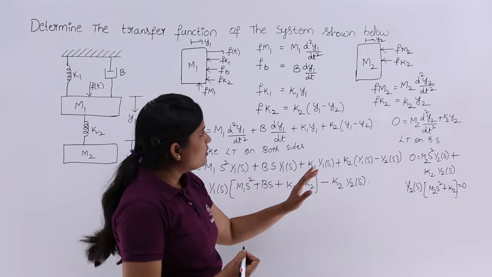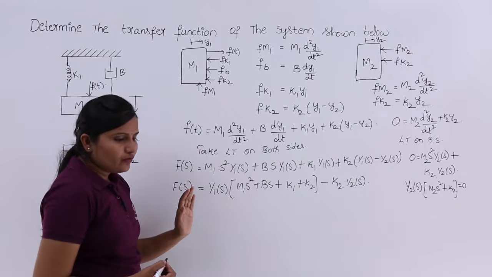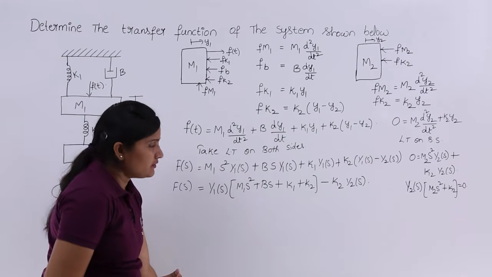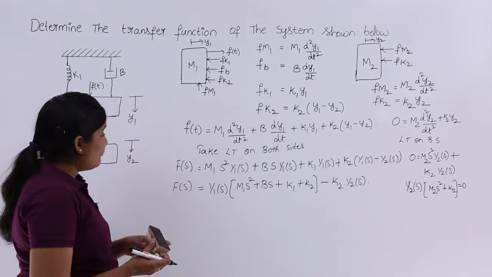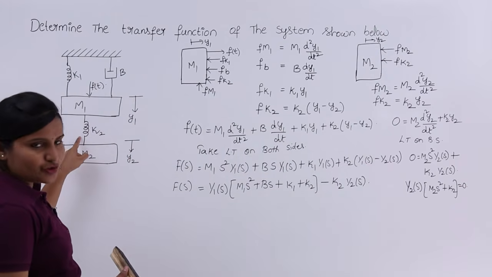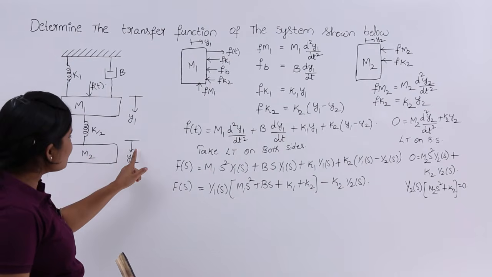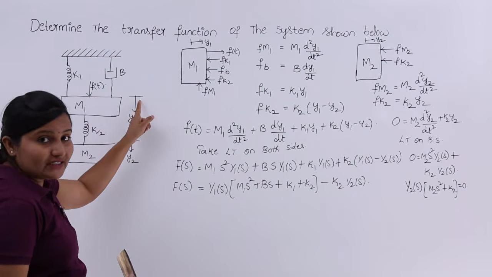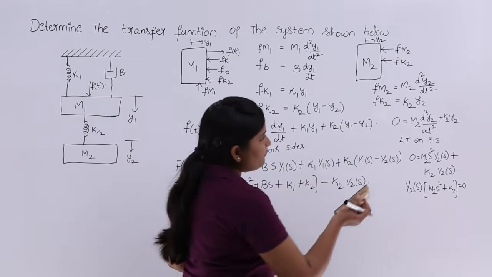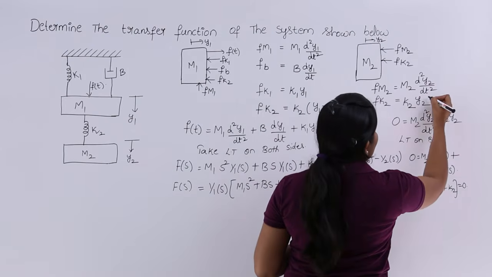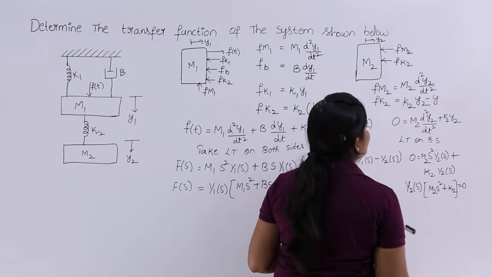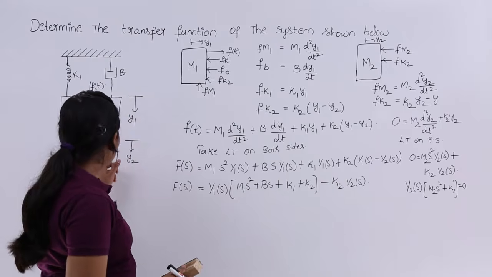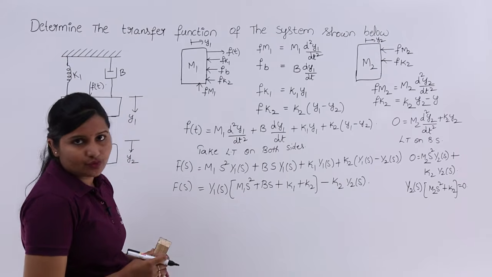Or you can see we made a small mistake here. Why? Because when you are writing for k2, you need to consider the difference displacement, but we considered only the normal displacement y2. So here we need to consider y1 also.